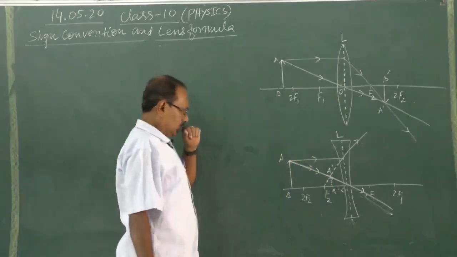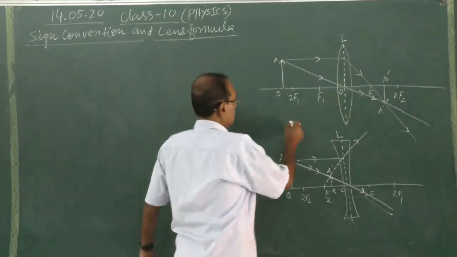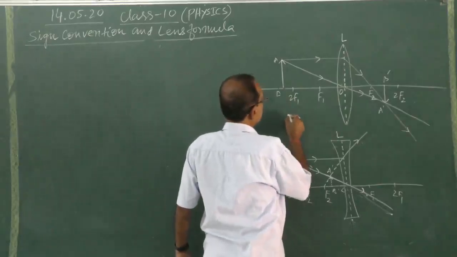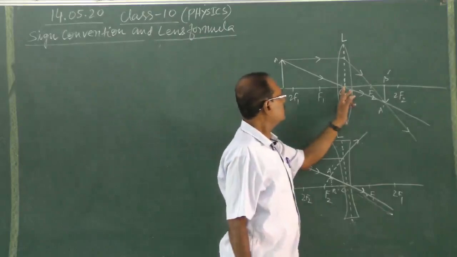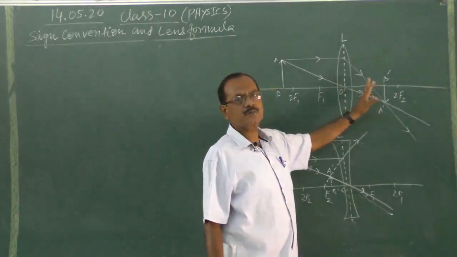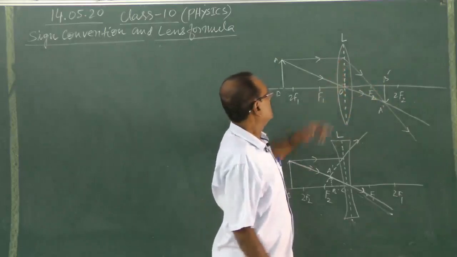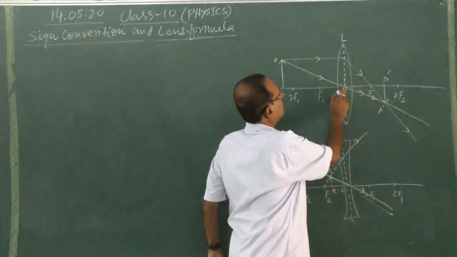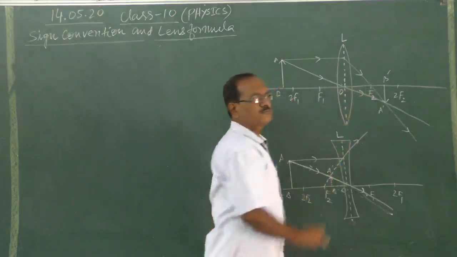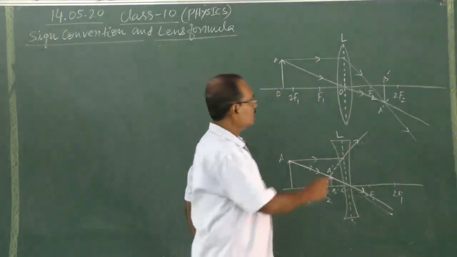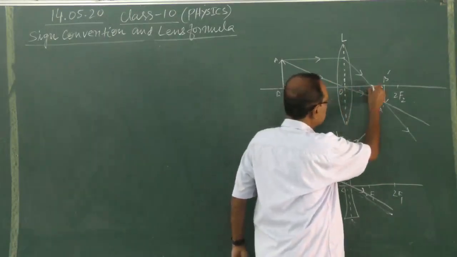Now, object distance. Next, we always consider the second focal length. For a convex lens, the second focal length is OF2, so it will be taken positive.